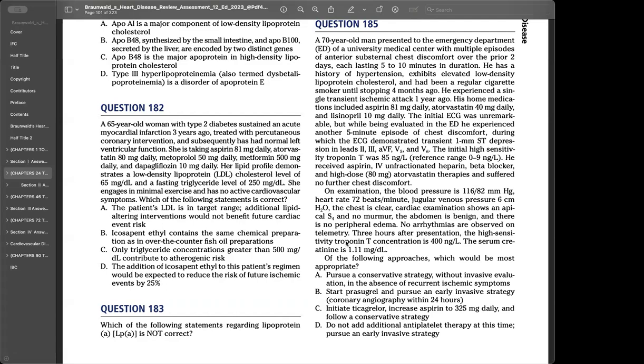Sorry, on that note, I beg to differ. Post PCI, clopidogrel will not be your preference. I think we'll have an update on the recommendations and the guidelines. If you want to choose any antiplatelet, which is a P2Y12 inhibitor, the one that you can close your eyes and choose is preferably ticagrelor. There's evidence of antithrombotic benefit, and it also has lower bleeding risk compared to prasugrel.